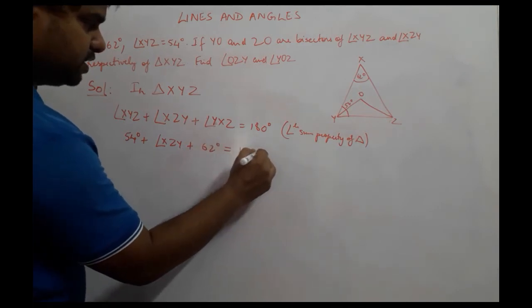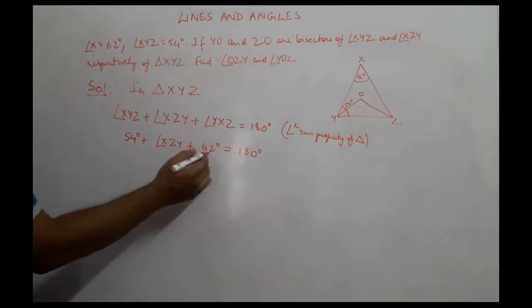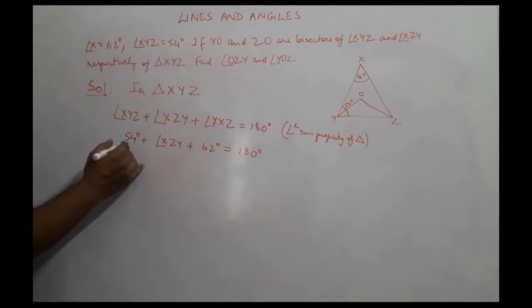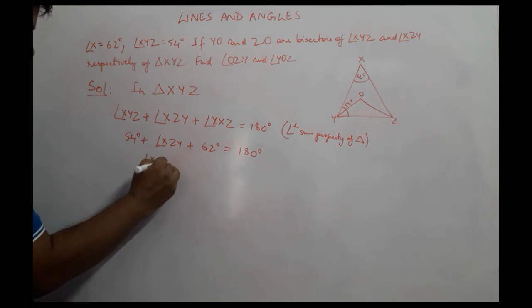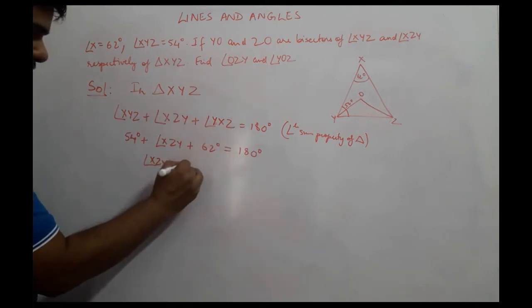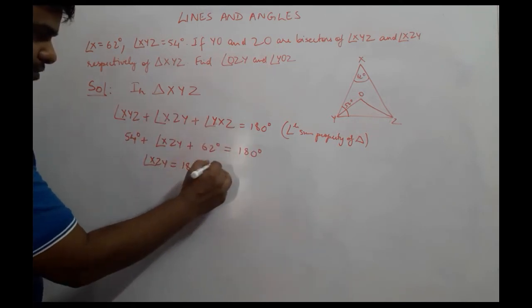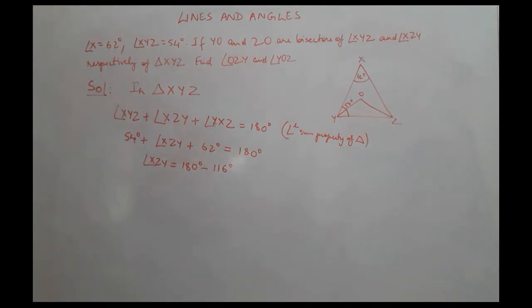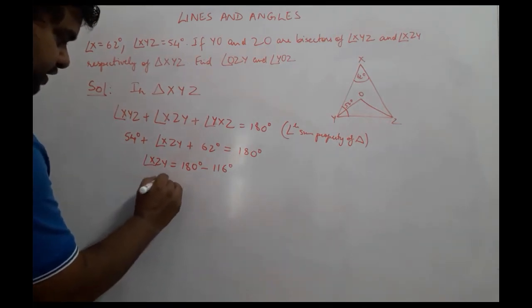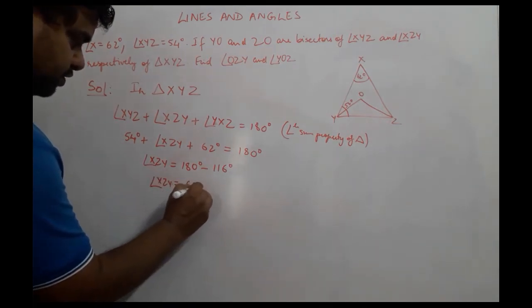Everything is equal to 180 degrees. 62 degrees plus 54 degrees gives us 116 degrees. So angle XZY, taking it to the other side, becomes negative, minus 116 degrees. Next we subtract and we get the answer for XZY, which is 64 degrees.